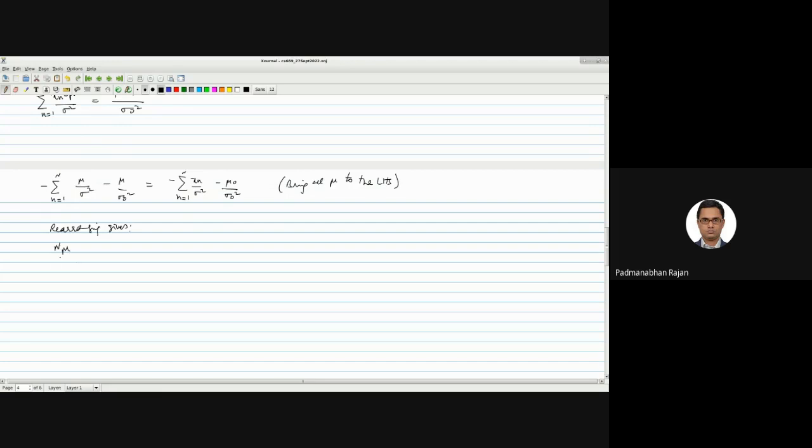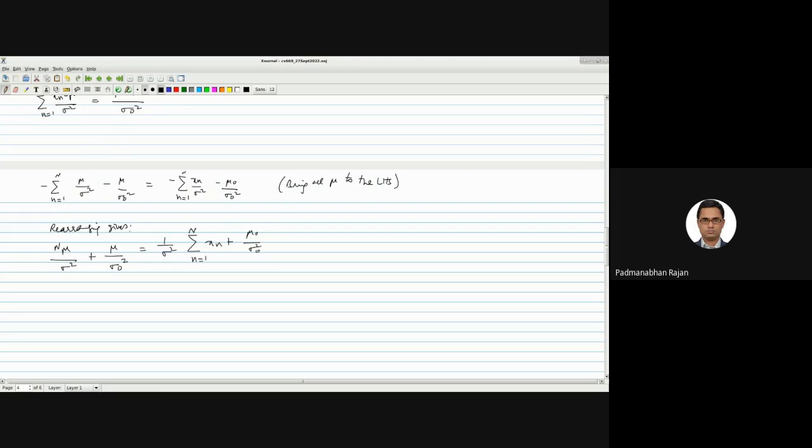Now if you do some rearranging, finally you will get n mu by sigma square plus mu by sigma naught square is equal to 1 by sigma square, summation n from 1 to n of xn, plus mu naught by sigma naught square.